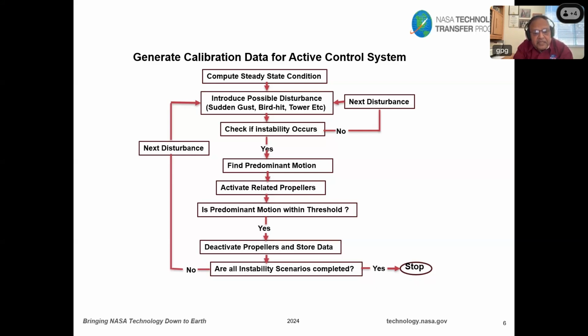For example, in the Dutch roll, it could be a yaw motion or a roll motion, and we activate the related propellers and keep activating until the motion is suppressed within the limits.